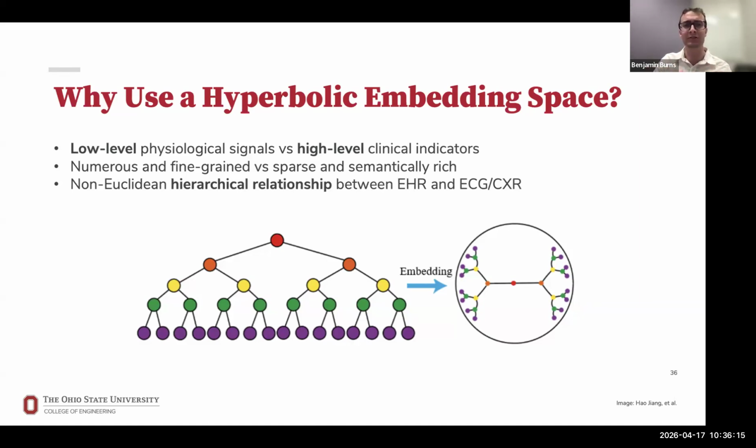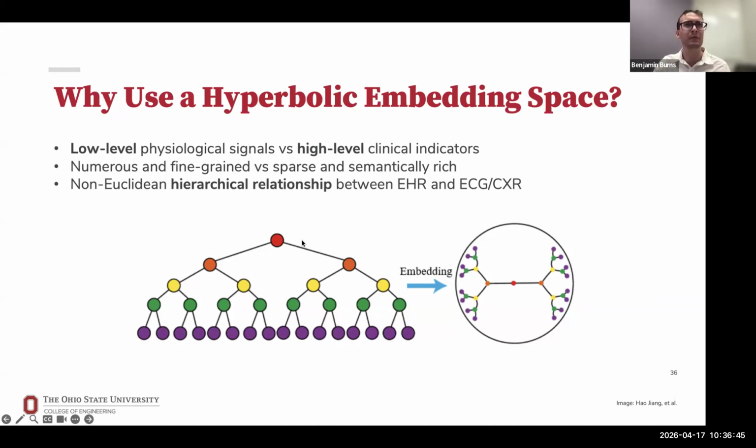This hierarchical relationship, if we try to force the embeddings to exist in a Euclidean embedding space, could result in some suboptimal performance because the hierarchical relationships can't be naturally captured in that embedding space. But we can make use of hyperbolic geometry, a manifold with constant negative curvature, which inherently allows us to very easily represent hierarchical relationships.